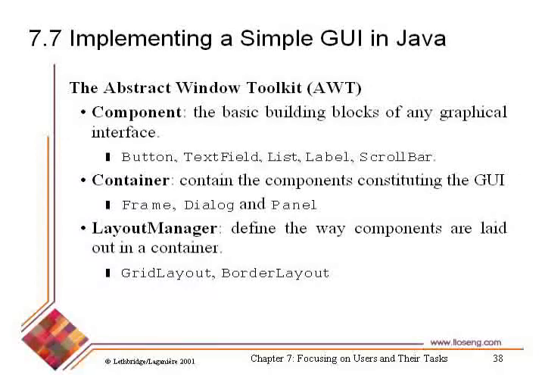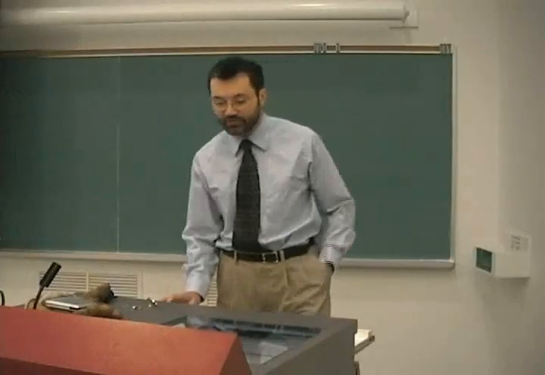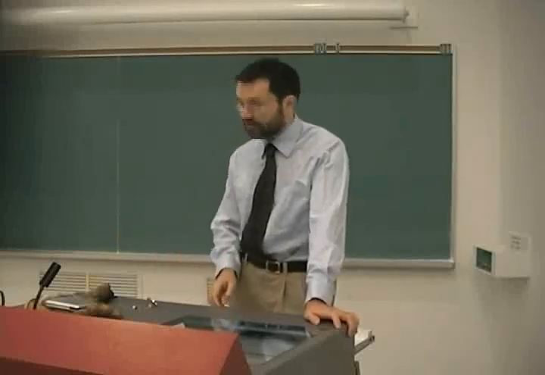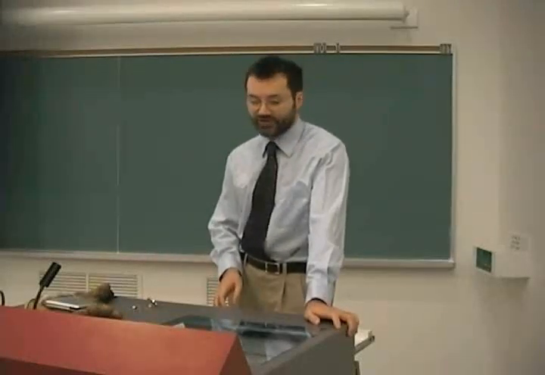We know what dialogues are, right? And we have layout managers, things that have to do with controlling aspects of the layout of information on the screen. There's different ways of laying information out. Those are some of the things that you can look at. Again, I leave it up to you to look at the Java doc for these things.